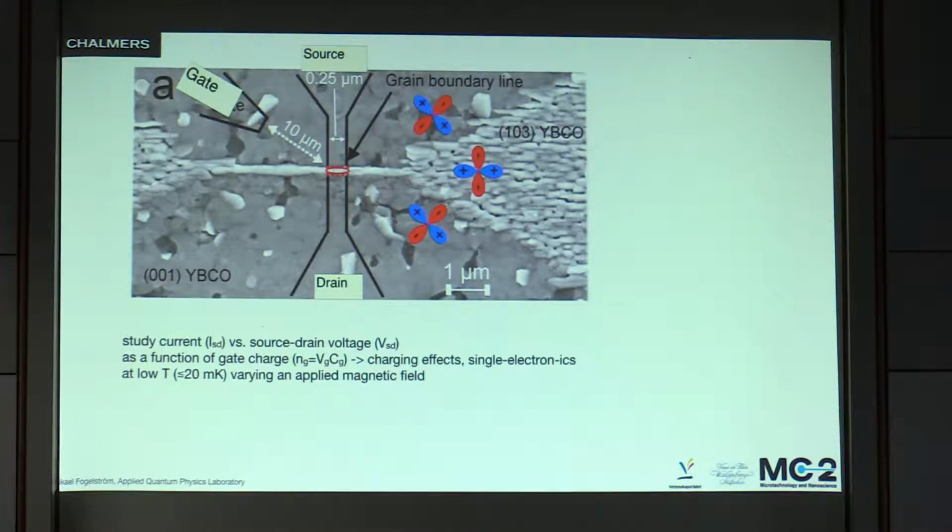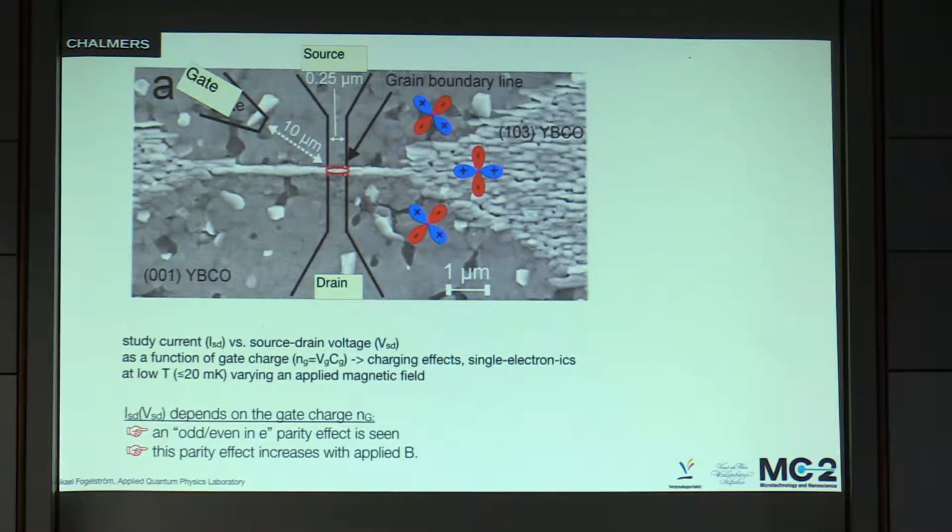So this is what they did, and now you could start looking at basically single electronics in a sense. So what does an extra electron do on this island? And they brought it down to low magnetic fields and low temperatures, and they found some quite interesting results.